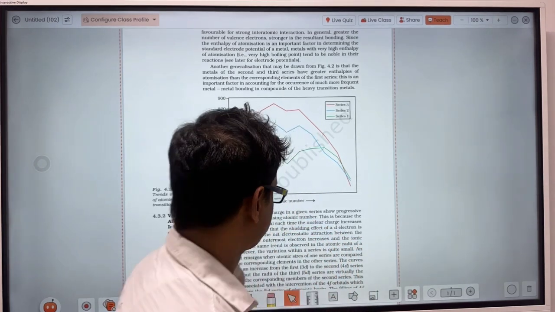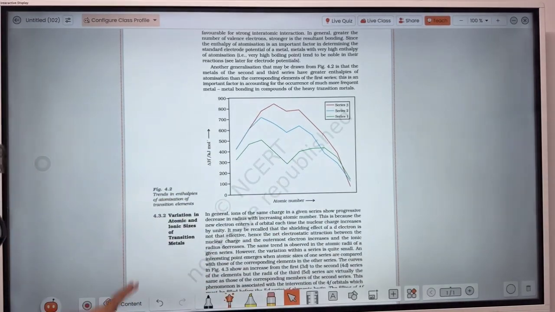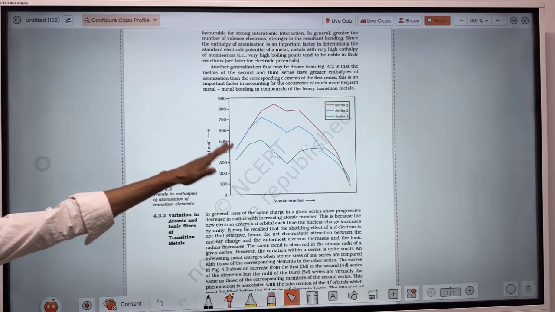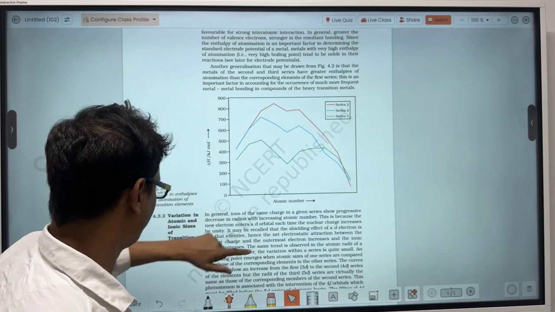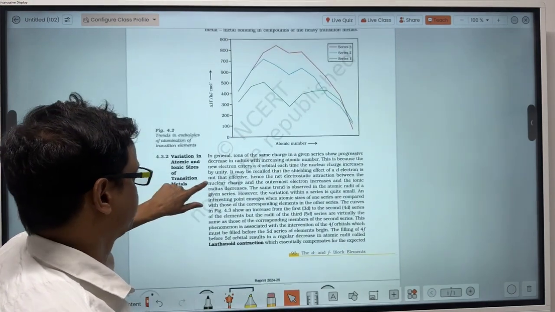And approximately the same periodic trend has been observed in enthalpy of atomization as in melting point. Same factor is there for both of them. So that's why the graph will be approximately the same as that of melting point.